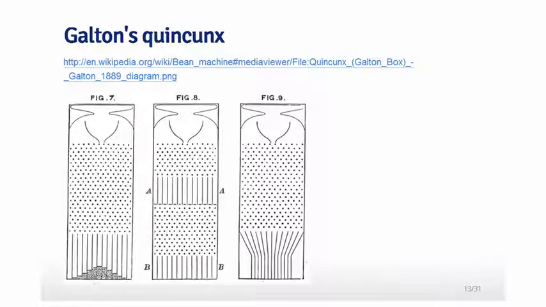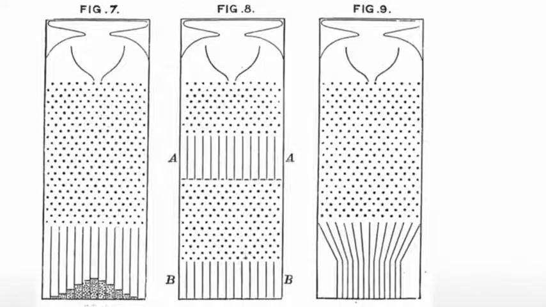As a fun aside, I wanted to talk about Galton's Quincunx, a machine that you might have seen if you visited a science museum. Basically, the crux of this machine is illustrating the central limit theorem with a game that looks a little like pachinko. So here's an example.